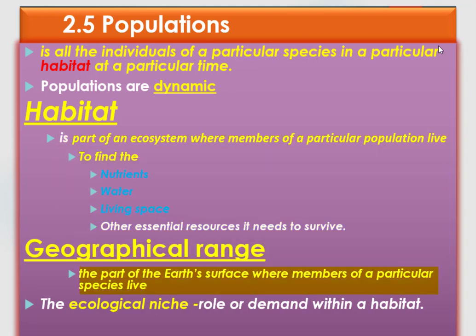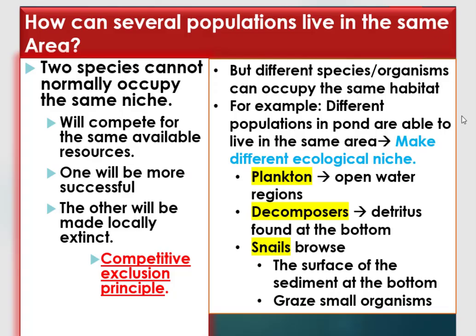Whereas geographical range means part of the Earth's surface or ecosphere where members of a particular species live on. And ecological niche means an organism's role or demand within a habitat.